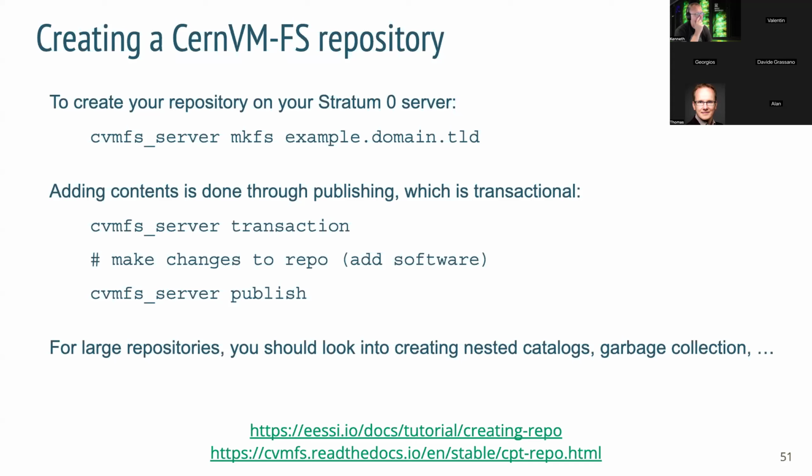You want to make sure that you have a garbage collection running regularly and so on. So there's a bit of housekeeping that is involved with hosting your own repository. And that was very quick. But if there are any specific questions on that, reach out to the CVM-FS community through the forum they have or through the Mattermost setup they have. And definitely check the documentation.